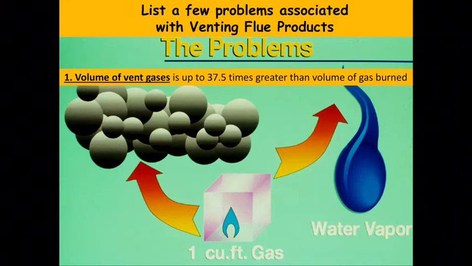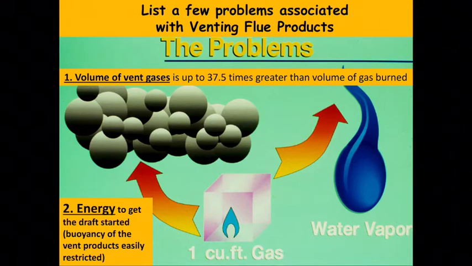When we burn a cubic foot of natural gas, or even propane, we know that we need a certain amount of air for combustion, and part of that process is the energy needed to get that to vent properly. So there's a huge volume of gas that has to be vented. This could be dilution air, combustion air, or excess air, however you want to call it.